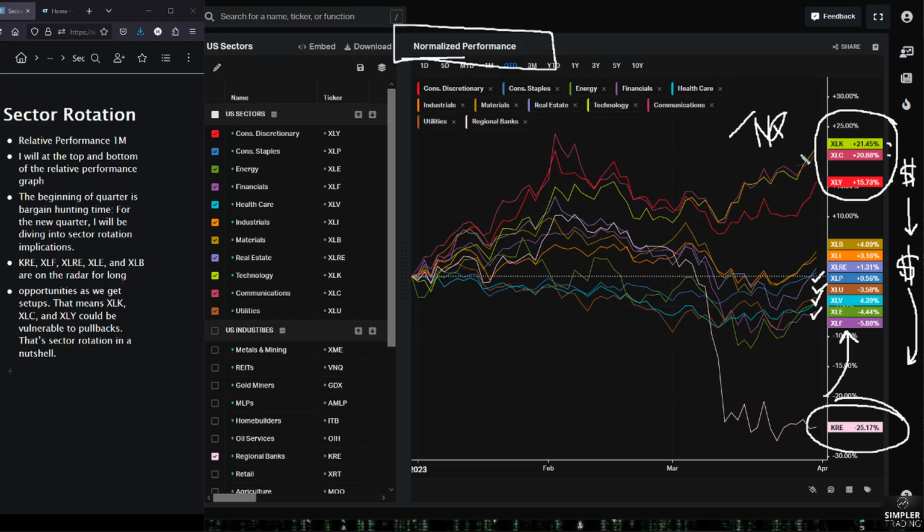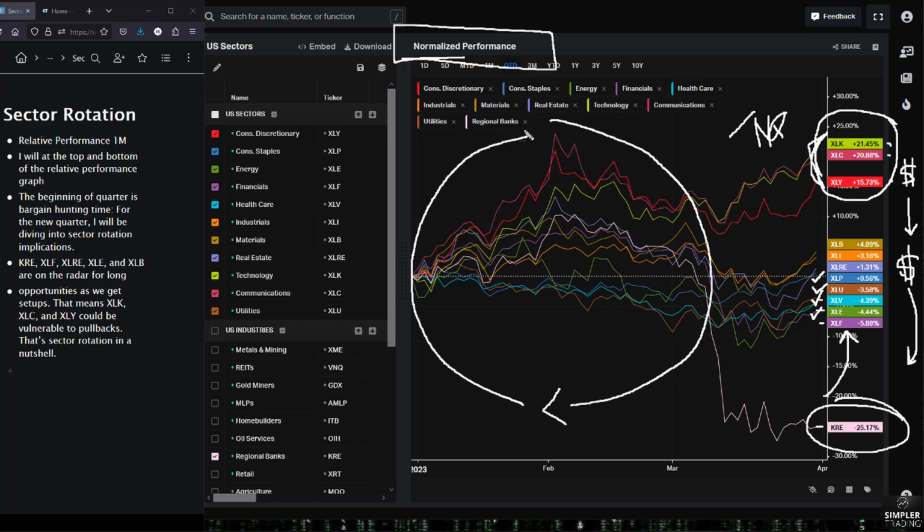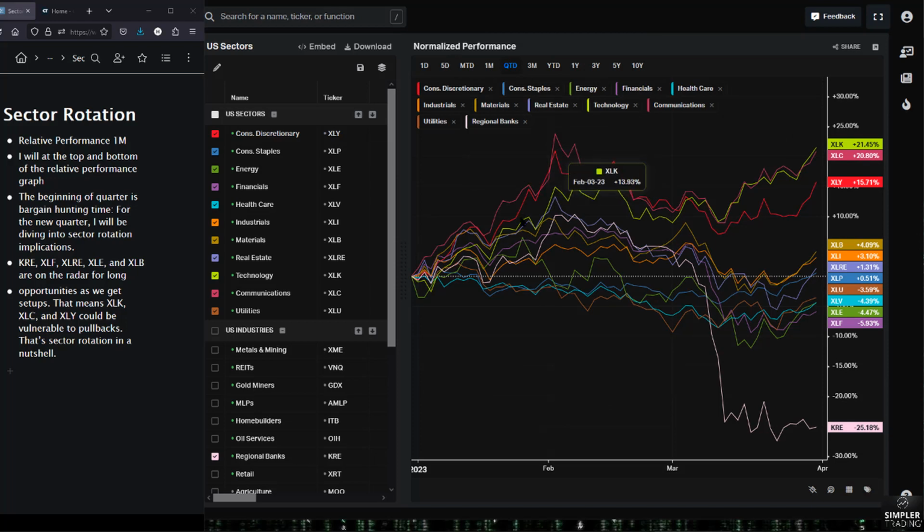So names like this might flow into names like energy, financials, and regional banks. I would even throw in possibly healthcare. The sectors rotate. I call it the Ferris wheel, right? It just moves to the bottom, moves to the top. It's literally rotation, gang.